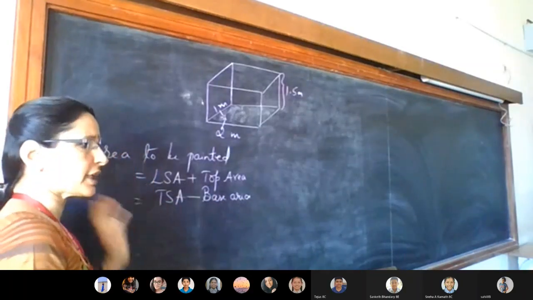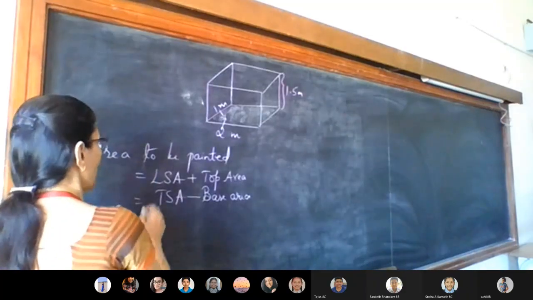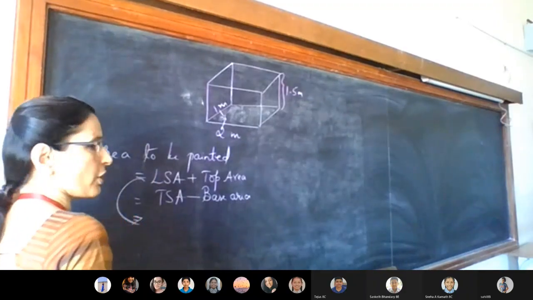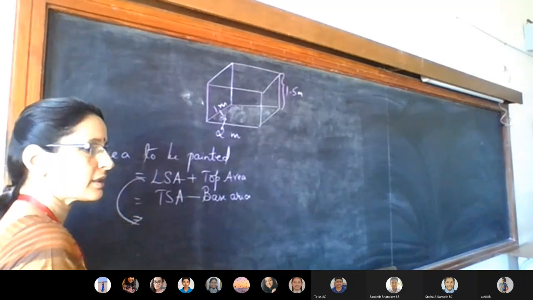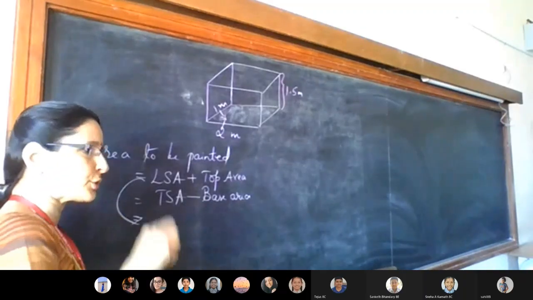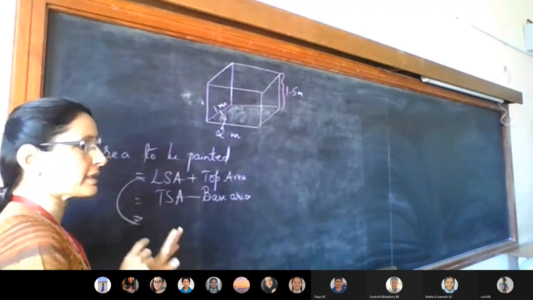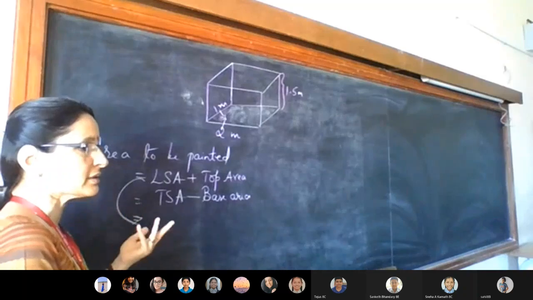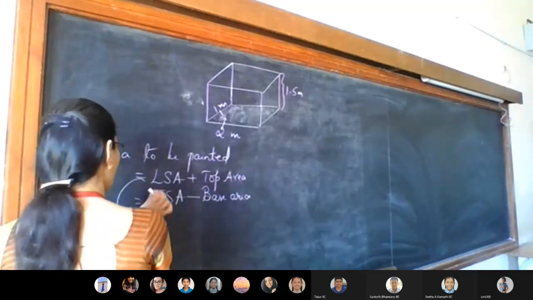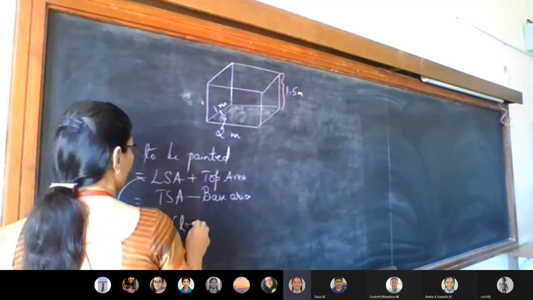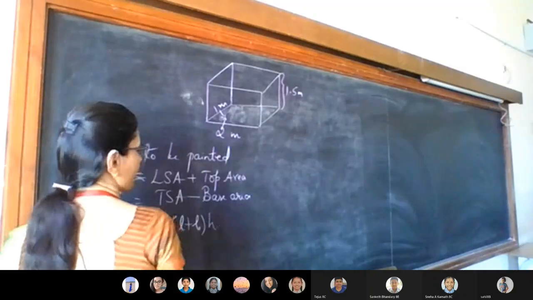This should be there. Anyone you can use. So I will use this LSA plus top area. LSA is what? Base perimeter into height. Base perimeter, rectangle's perimeter. If you have forgotten, I cannot help you. So it is 2 into (L plus B) into H.